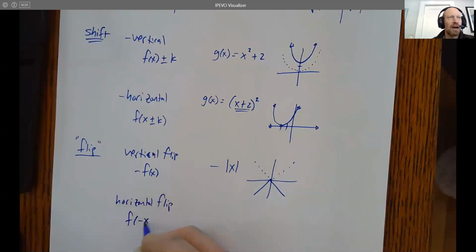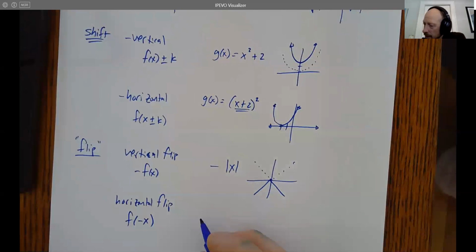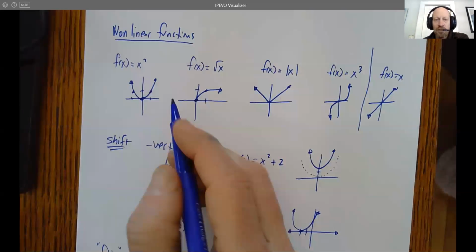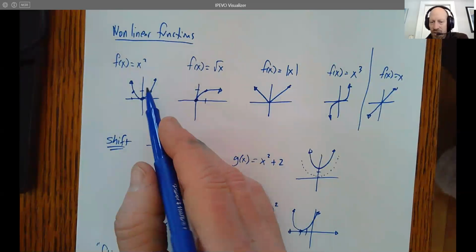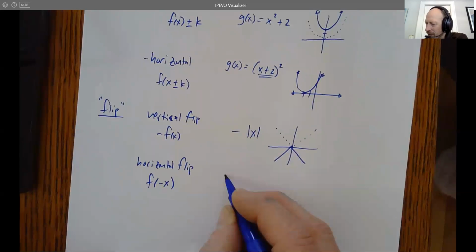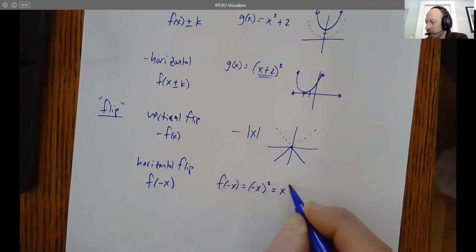So you might not be surprised to realize that a horizontal flip comes from making the x negative, right? Flipping that x value from positive values to negative values, which gives us a horizontal flip. Some functions are symmetric, so it doesn't matter. Like if I flip x squared horizontally, it looks the same as what I started with, because of course f of minus x is equal to minus x squared, which is just x squared.